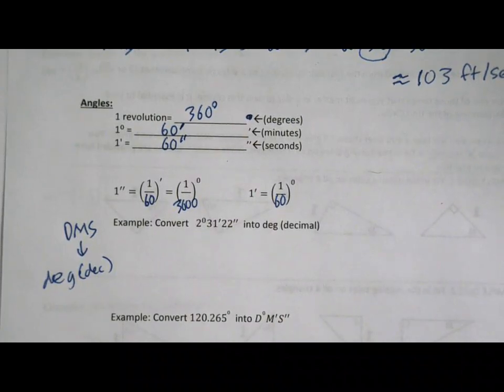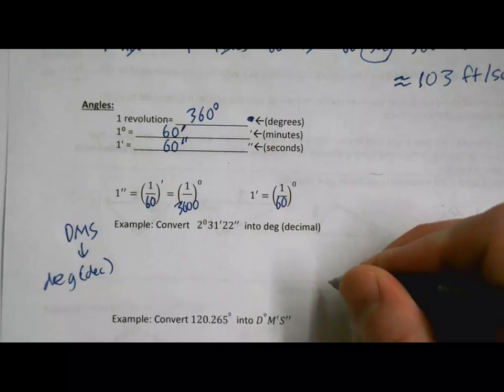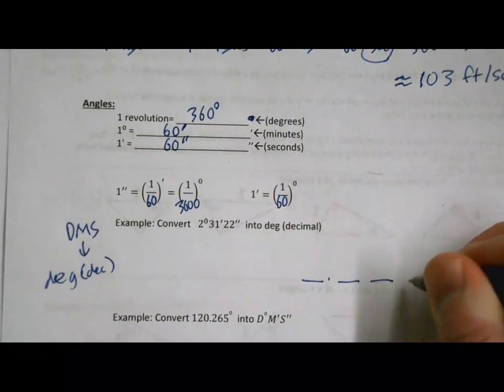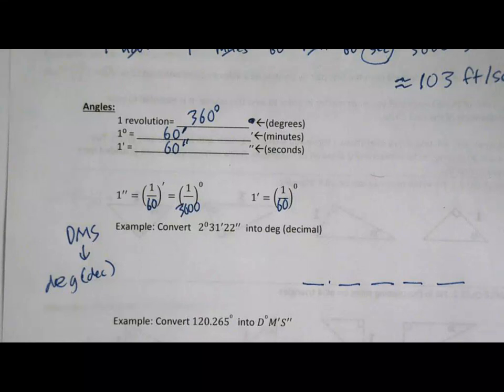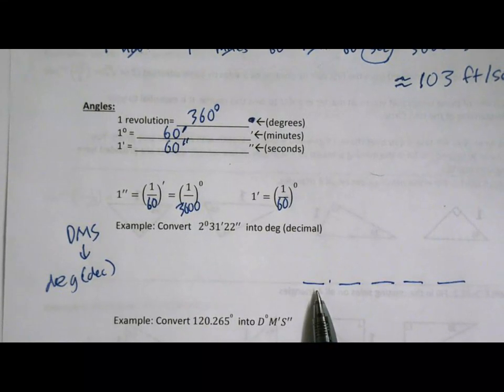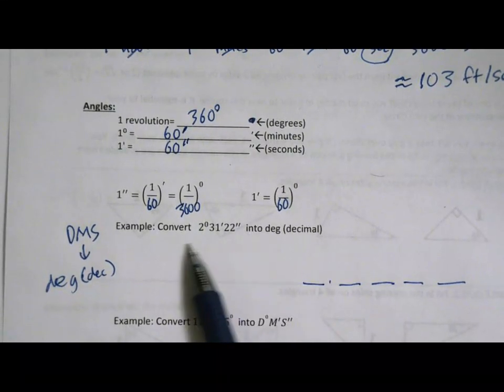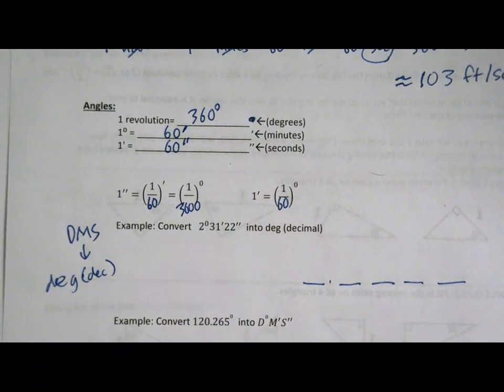degrees. Does anybody want to make a rough guess about how big this is going to be? It's going to be something point, and then there's going to be some decimals behind it. Can you tell me what the first number is going to be in front of the decimal? How many whole degrees are we looking at here? There's 2 whole degrees, right?